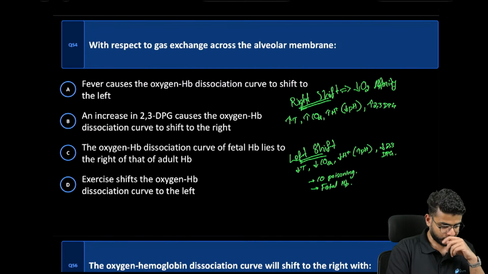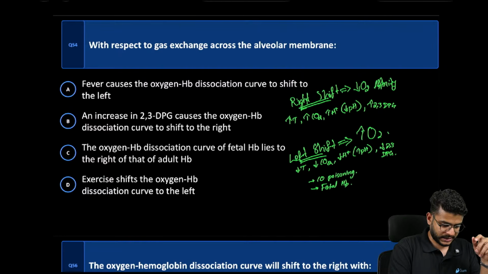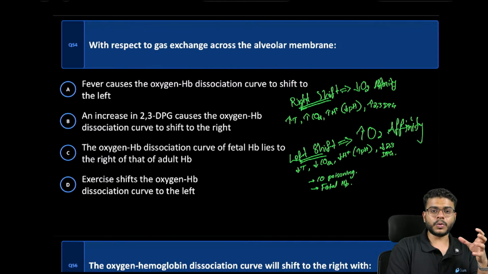Increased O2 affinity means the hemoglobin can hold the oxygen tightly, which is basically happening in the lungs. Okay, so the option: fever causes oxygen hemoglobin dissociation curve shift to the left. Is that correct?